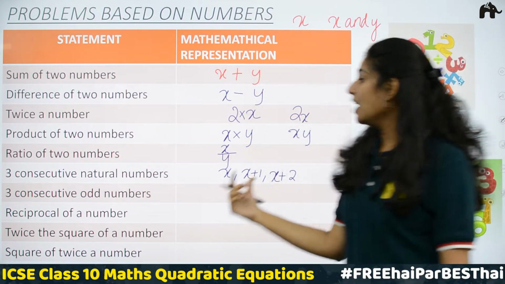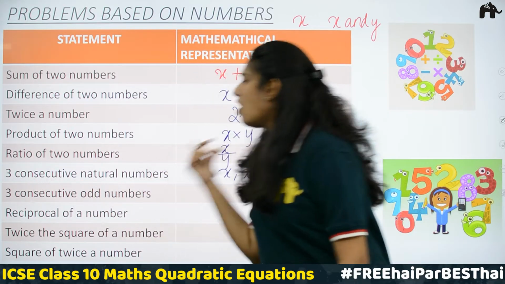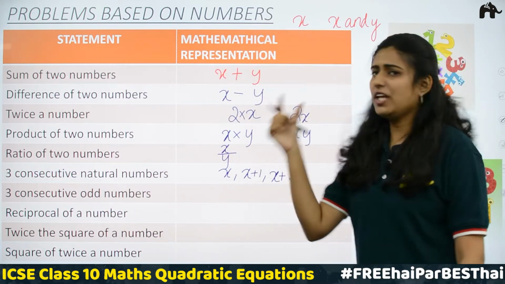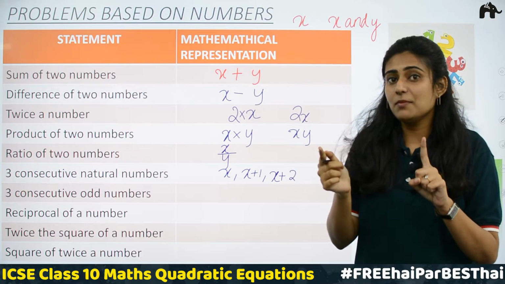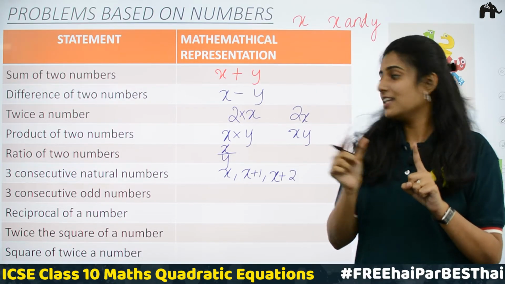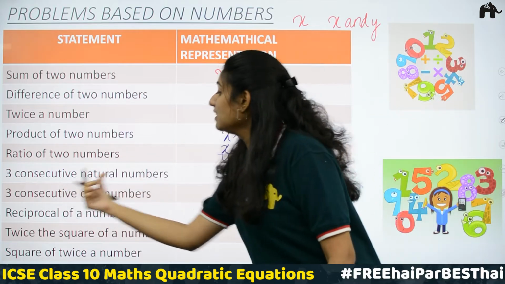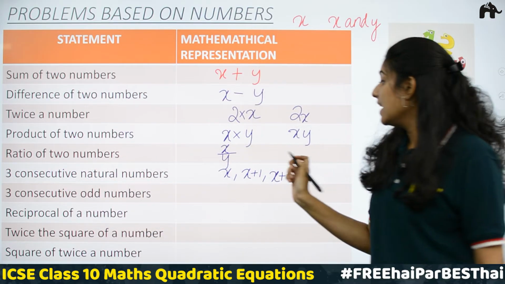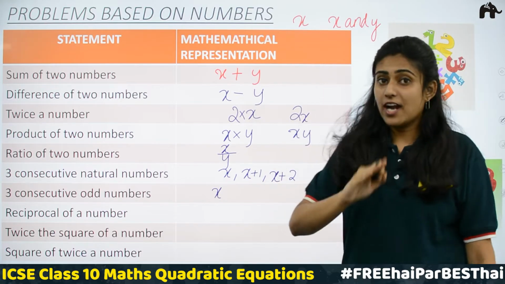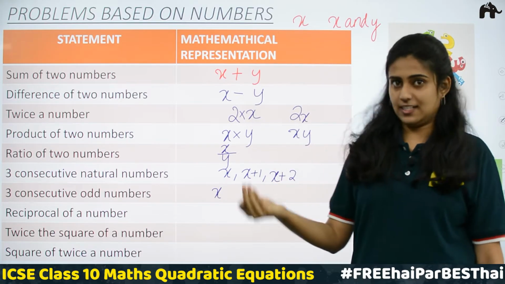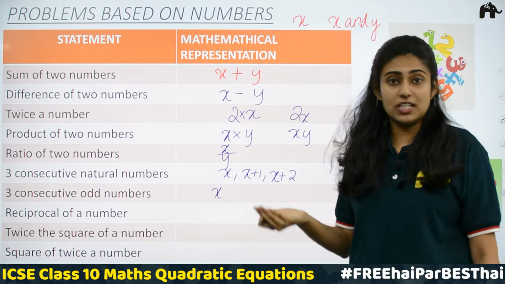Okay. Now, 3 consecutive odd numbers. When you take two odd numbers, 1 and 3, what is the difference between them? There is a difference of 2, right? In that case, when you take 3 consecutive odd numbers, if you take the first number as x, the second number, with 1 we are adding 2 to get 3. 3 is the very next consecutive odd number.